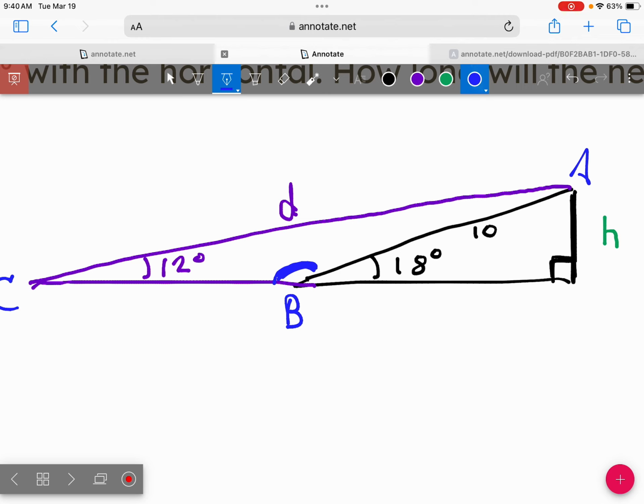What is angle B going to be? 162, because this is a supplementary pair of angles. So 180 minus 18. Angle CBA, if we want to label it like that, you absolutely can, is 162.